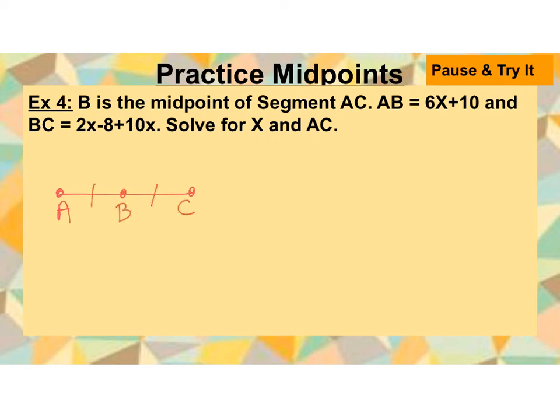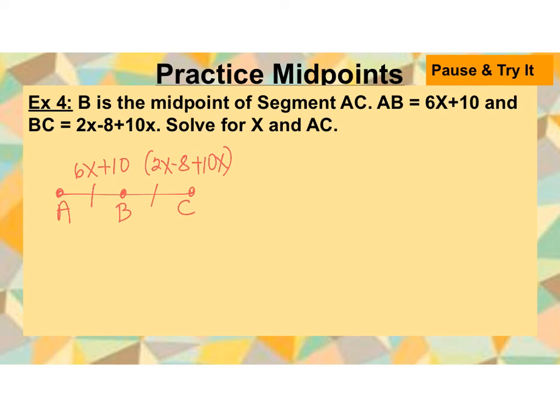Midpoint, so I'm going to add my congruent marks. AB is 6x plus 10. BC is, I'm going to put in parentheses, 2x minus 8 plus 10x. I only put it in parentheses because my picture's a little squished. All right, why don't you pause it and try there. I'd like you to solve for x and AC.